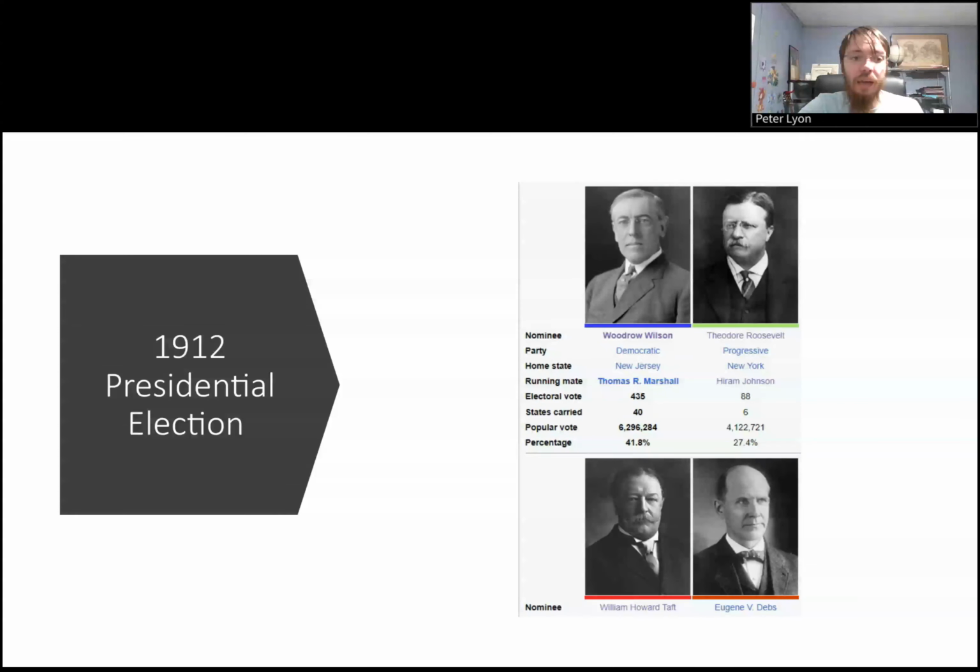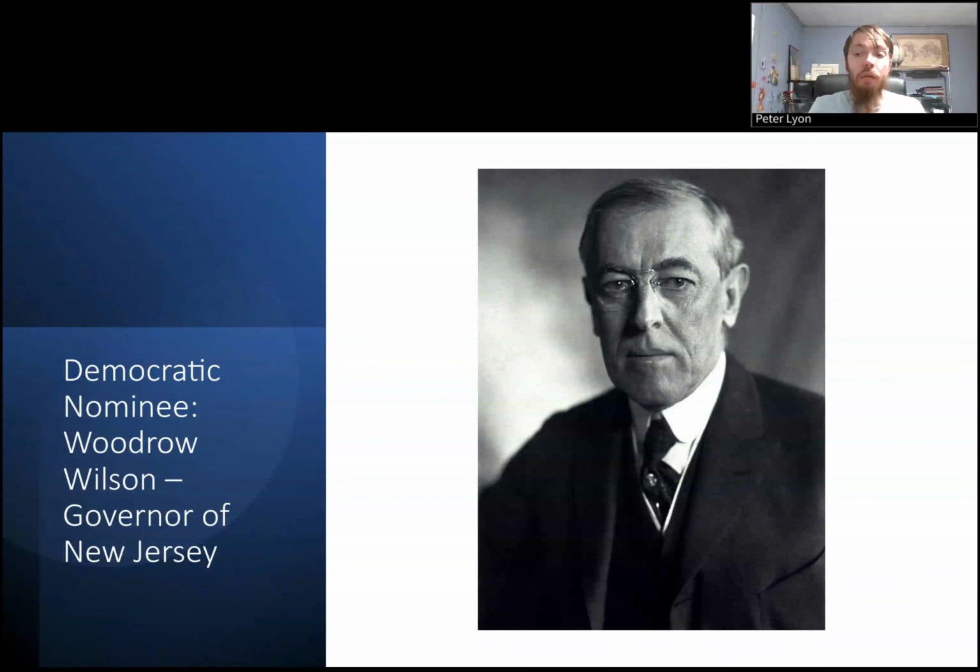in which four different candidates are going to get a substantial amount of the vote. The Democratic nominee is Woodrow Wilson, who is the governor of New Jersey.